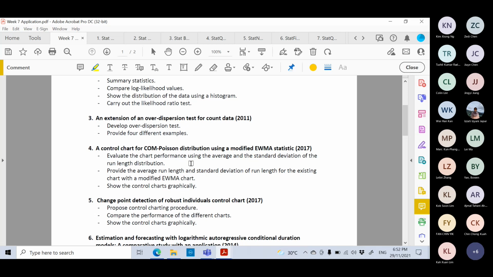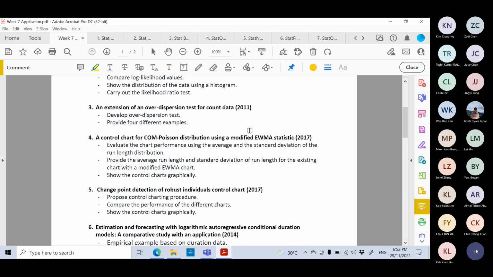Then you need to know the distribution of the data. If the data follow a certain distribution, whether the control chart will behave well or not. So when you are working on control charts, this is one of the papers on control charts.